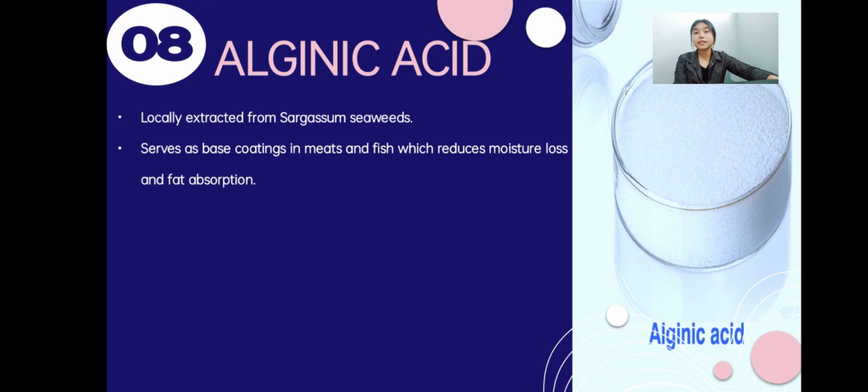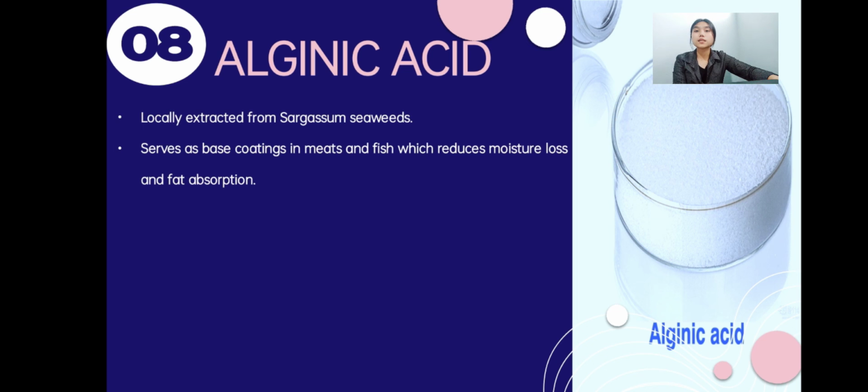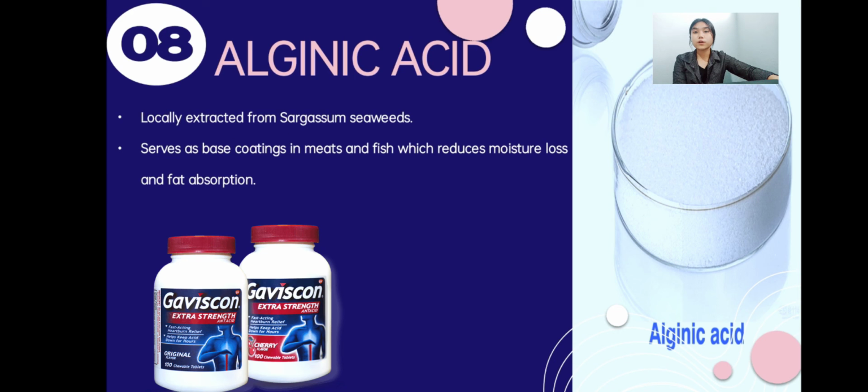Alginic acid is a natural carbohydrate that comes from algae in seaweed, particularly in kelp, and it is used in processed foods. It is also used in certain medications such as Gaviscon liquid to create a foam barrier for coating the stomach. Also, if you are taking too much alginic acid, it may cause side effects.